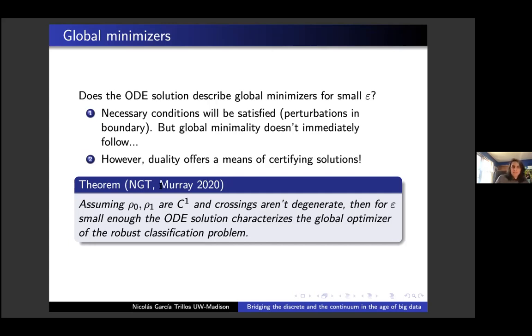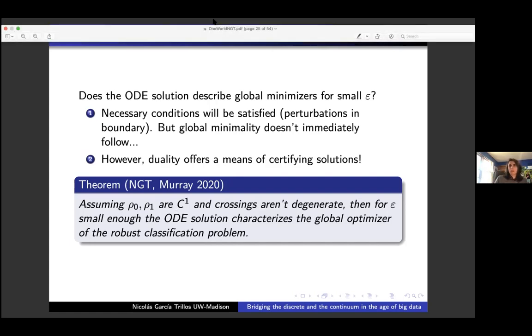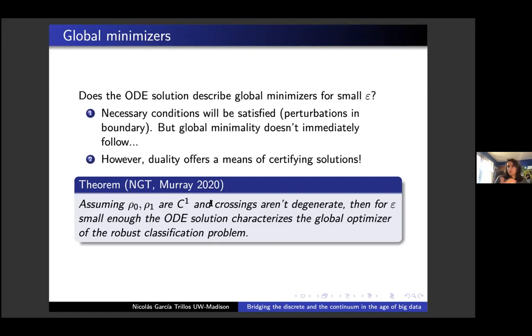This is the content of one of our theorems. It says that if you assume that these conditional densities are C1, and you assume non-degeneracy of the crossings, then you can guarantee that for epsilon small enough, the ODE solutions indeed provide global optimizers for the robust classification problem.